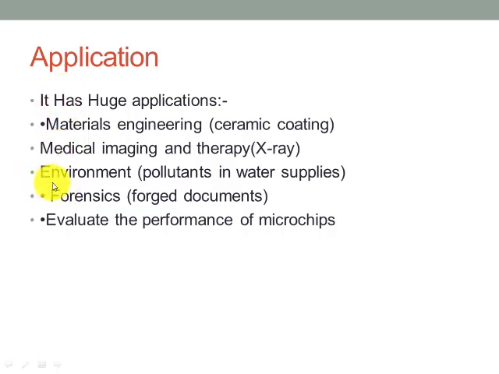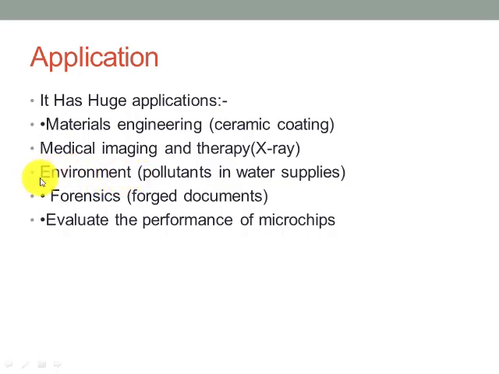Synchrotron radiation can also be used for environmental studies: to study pollution, to study the environmental effects on materials, to study the aging of materials, and environmental changes in the form of wear and corrosion.